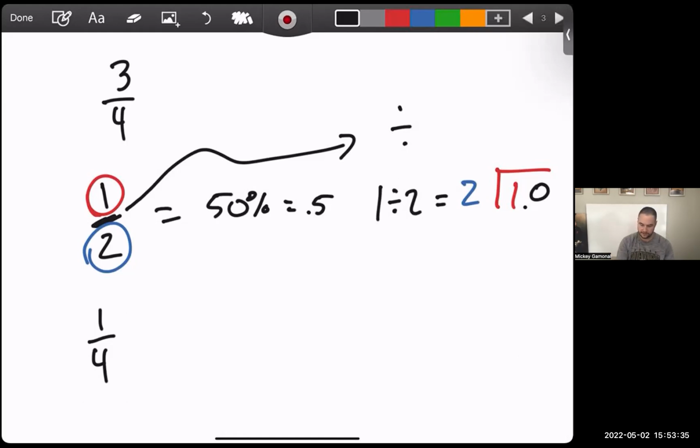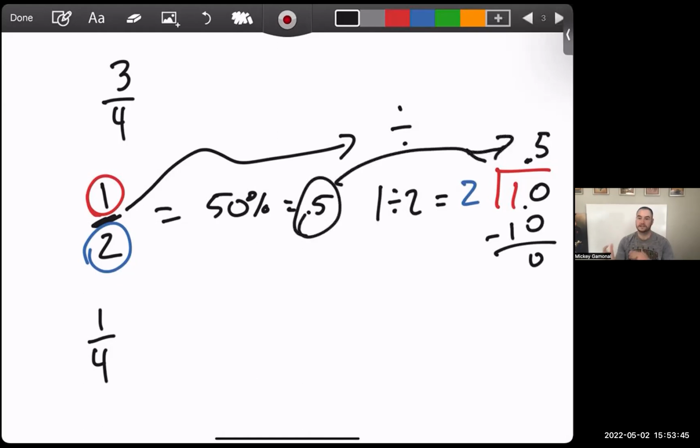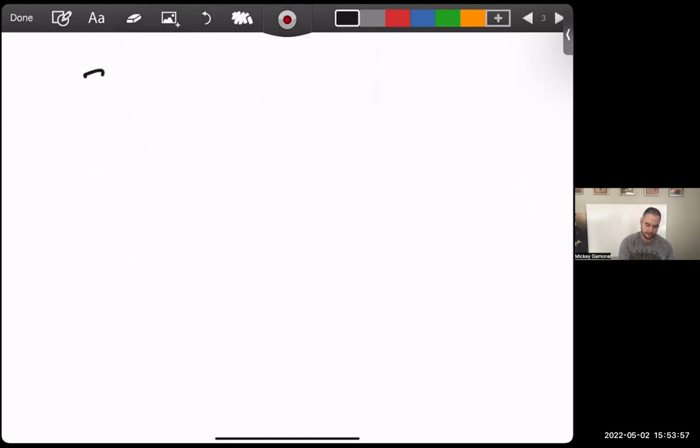Oh, that's easy, 5. 2 times 5 is 10, subtract, and it terminates. And so we get 0.5, which again is the decimal that we wanted. That's how you convert all fractions into decimals. You just do the actual division.